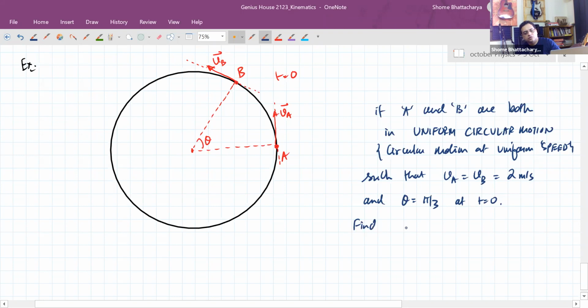Find their approach or separation velocity at t equal to 0.